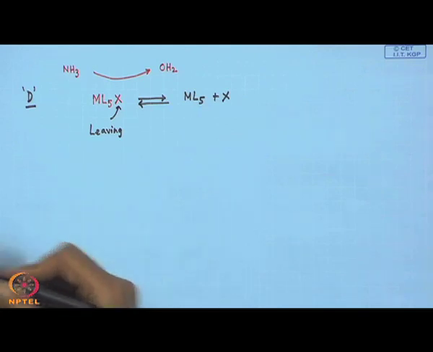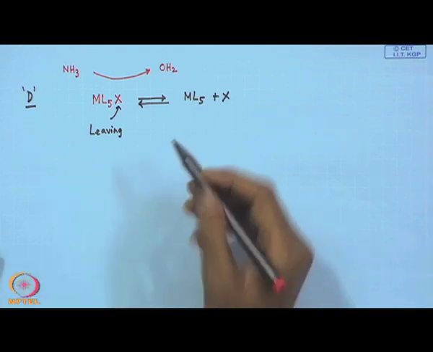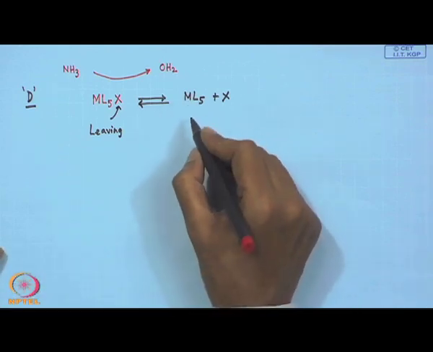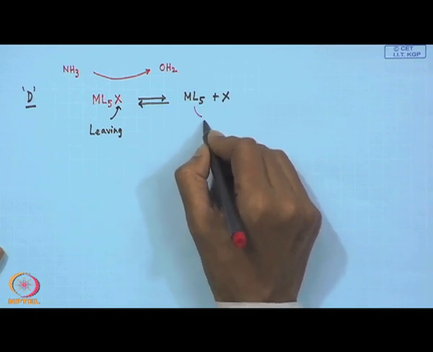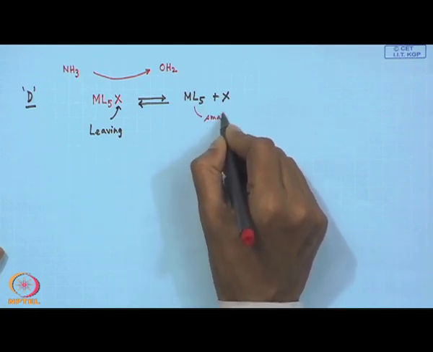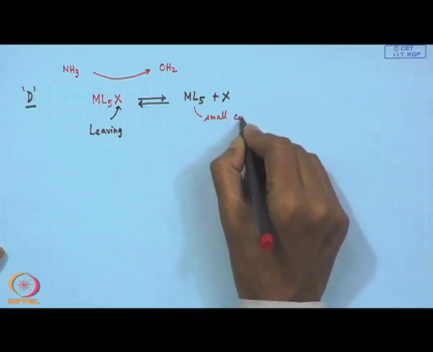So, we can have a very small concentration, which we can assume as a hypothesis for a steady state approximation, that this intermediate can have a very small concentration with the progress of the reaction.